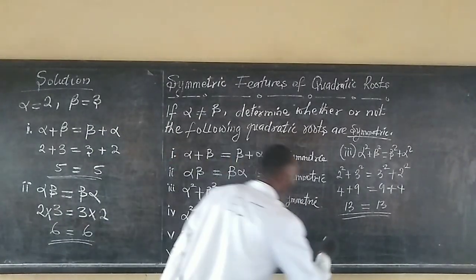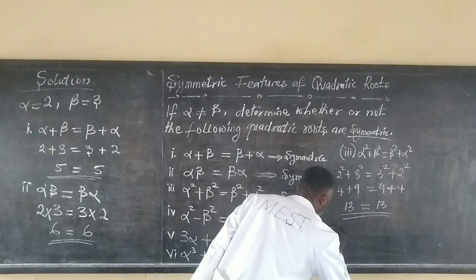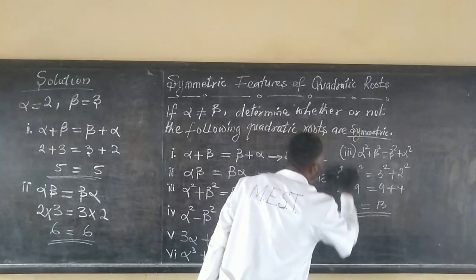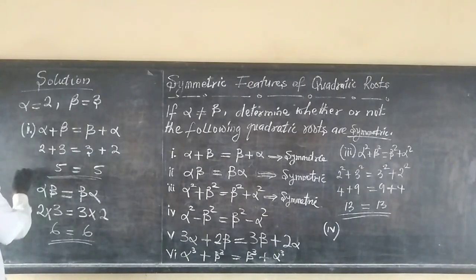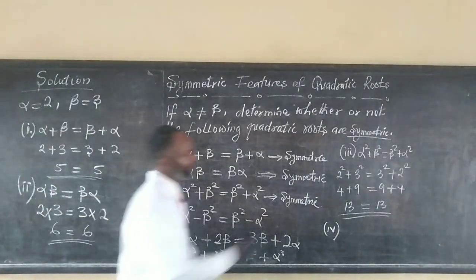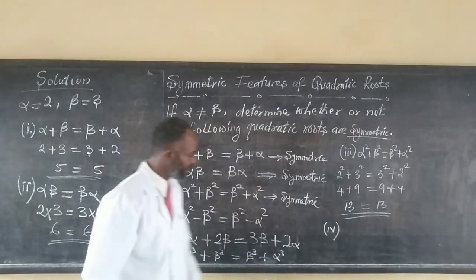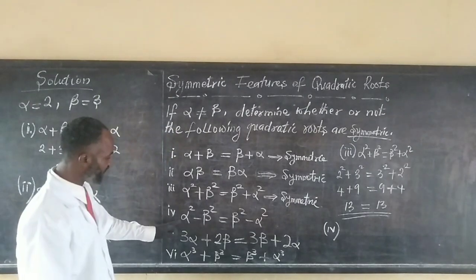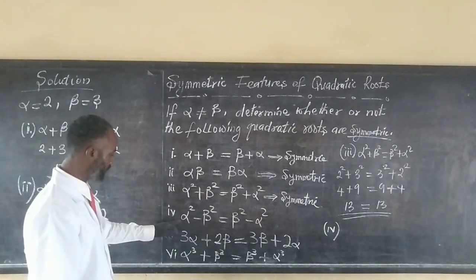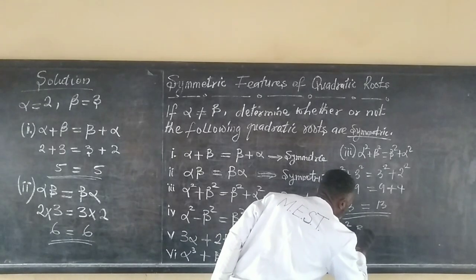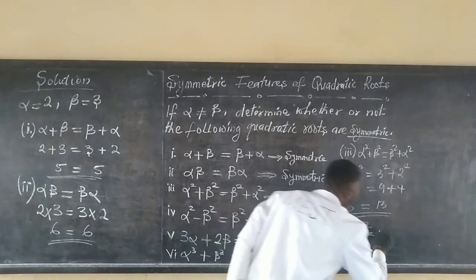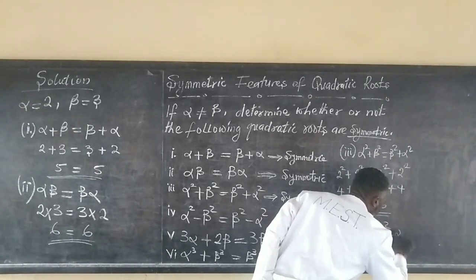So let's look at feature number 4. Let's see if this space will be enough to do that. Feature number 4, let's see if it is symmetric or not. We have alpha squared minus beta squared is equal to beta squared minus alpha squared.